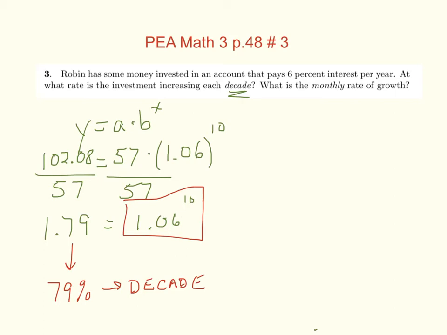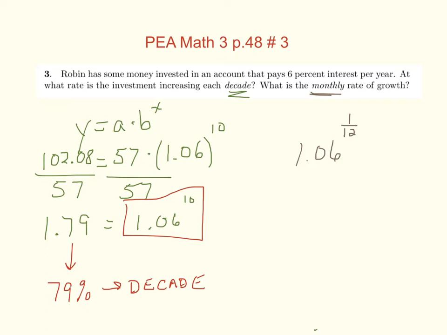With that idea, how are we going to do monthly? 1.06, my annual rate, to the 1/12 power, because 1/12 of a year is 1 month.